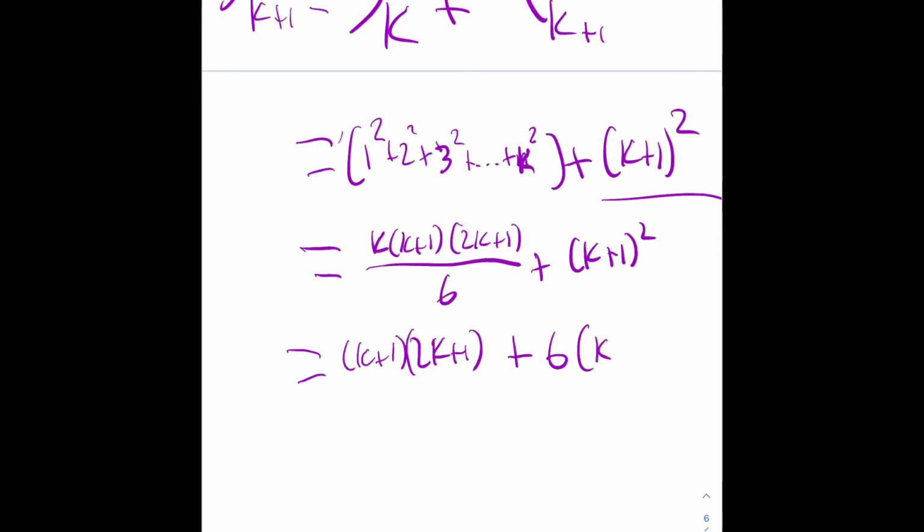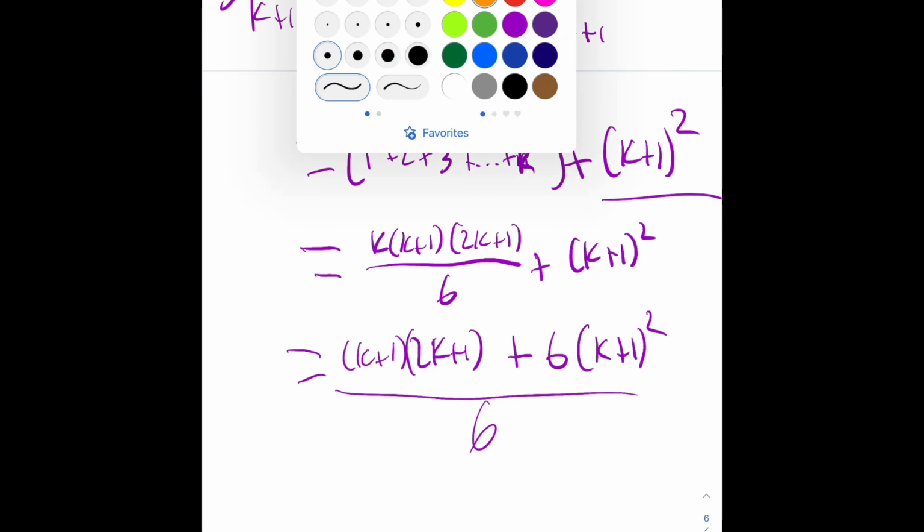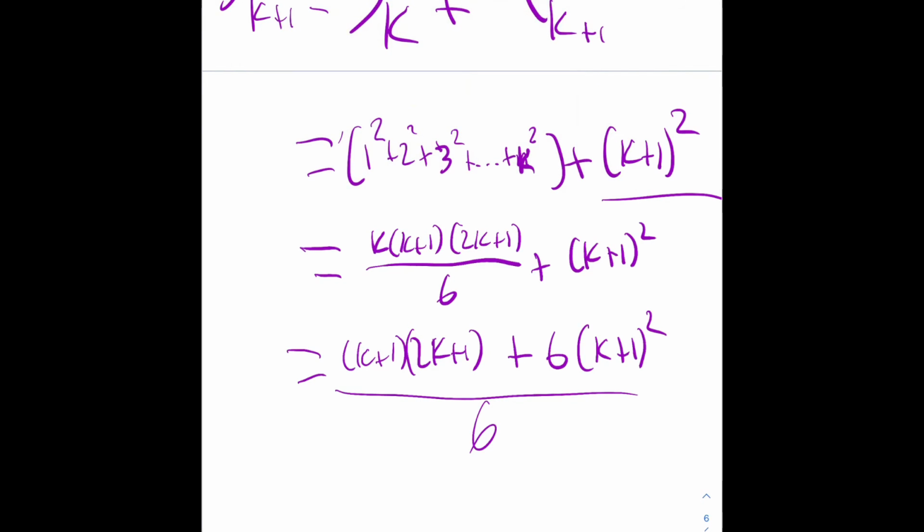I'm going to get rid of my denominator. What I did was multiply this term by 6 so that I can get it all written in the numerator. Now it's all over the same number, which allows me to simplify and add like terms. And again, this is just a lot of foiling.